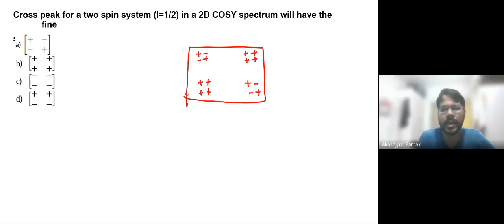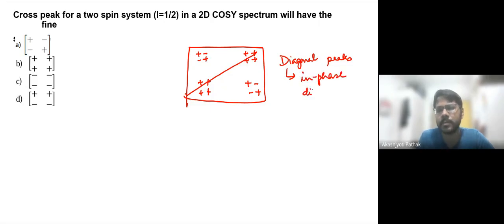So these are your diagonal peaks. Your diagonal peaks will have in phase dispersive signals.